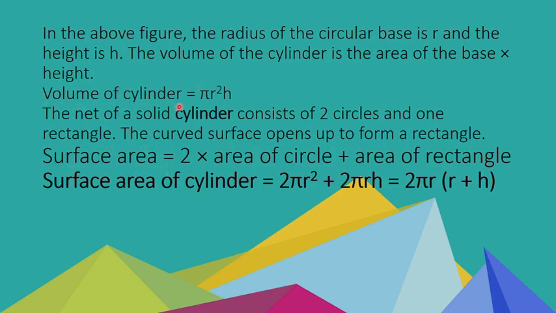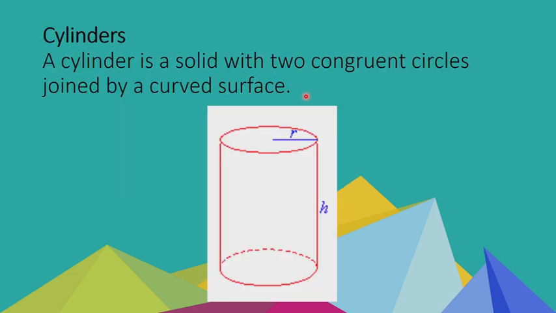The volume of the cylinder equals pi r square h. Why is it pi r square h? What you watch here is a circle. What is the area of a circle? Circle area is pi r square. These circles are arranged in a way that h times of circles combine to form a cylinder.